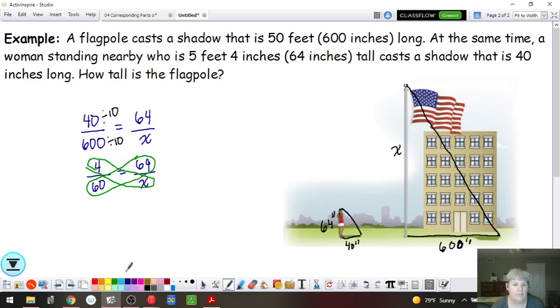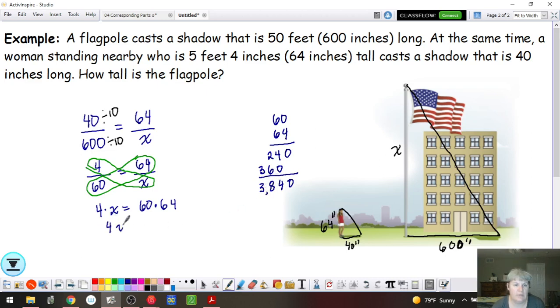So I have 4 times x equal to 60 times 64. Off to the side here, I'm going to multiply 60 times 64. So that's going to be 0 and 24, 0 and 36. So 3,840.